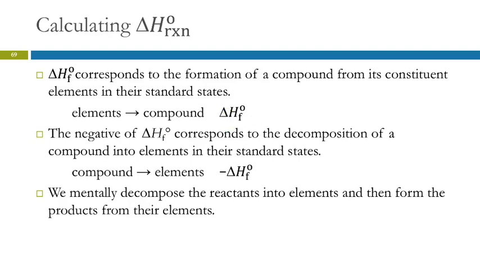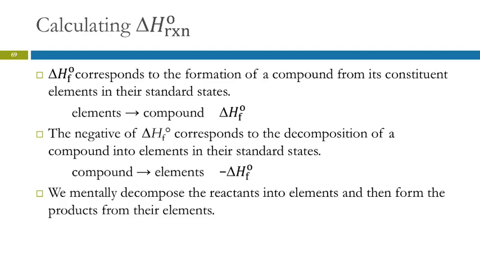What if we take the compound and break it down into its elements? That's writing the equation in the reverse direction. We just change the sign on delta H, right? So we can use these heats of formation to estimate heats of reaction.